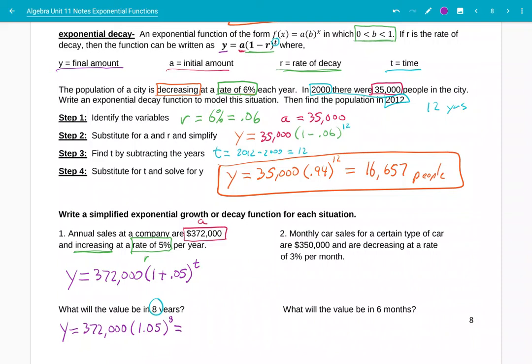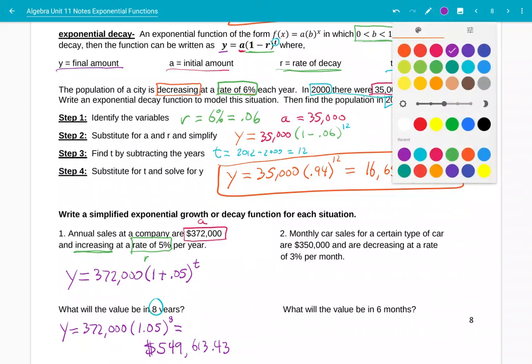So we'll just plug that into the calculator. 372,000, parentheses 1.05, close parentheses, raised to the 8th power. That is this amount, $549,613.43.